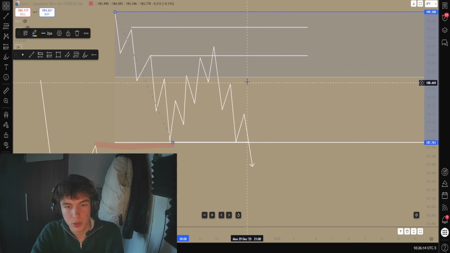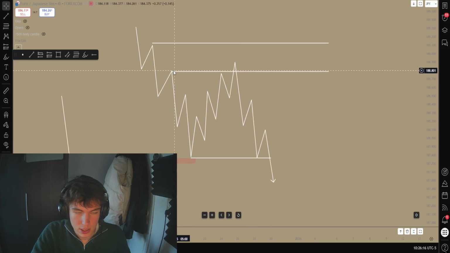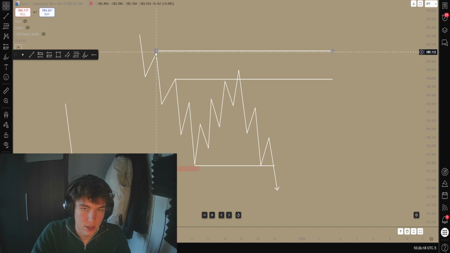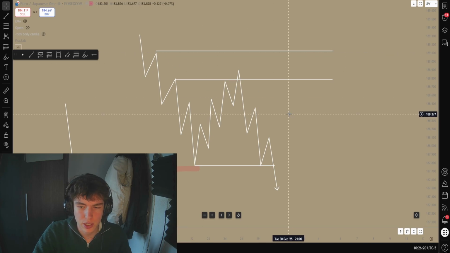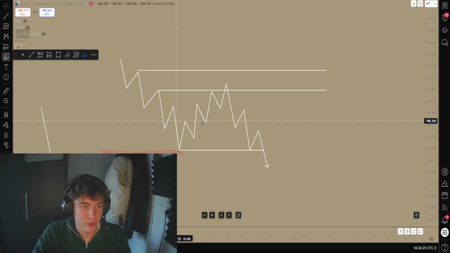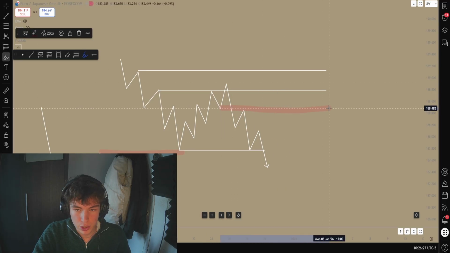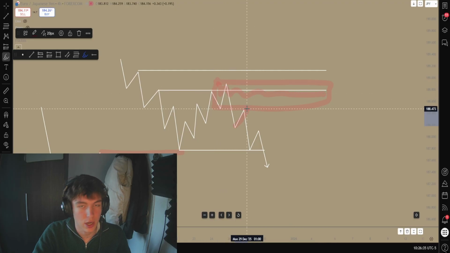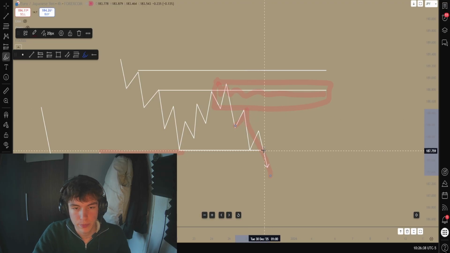We see that this high is in our premium, and this high is in our discount. After that, we're going to wait for a market structure shift. This is going to then create our supply or demand zone. In this case, we're making a supply zone, which we want to get retested to then push lower.